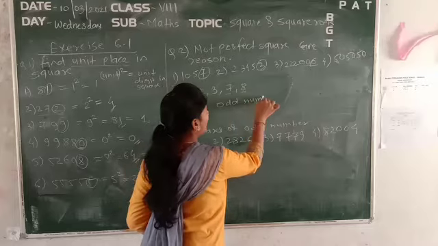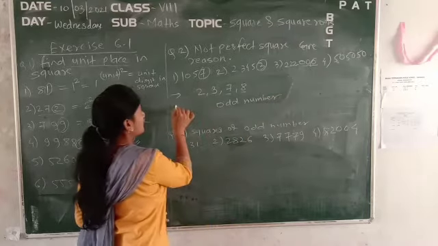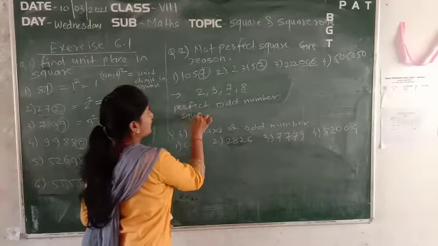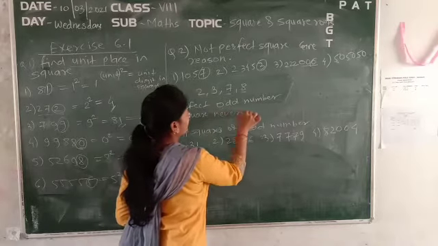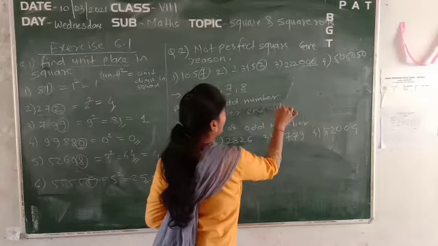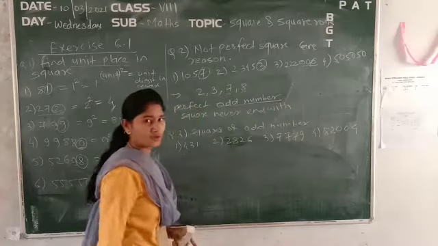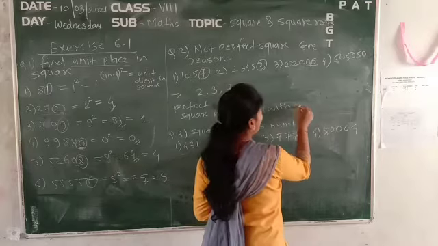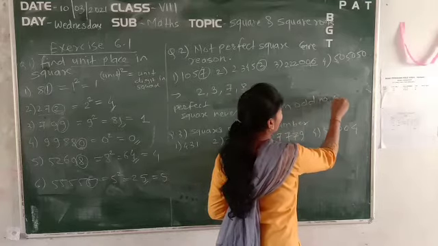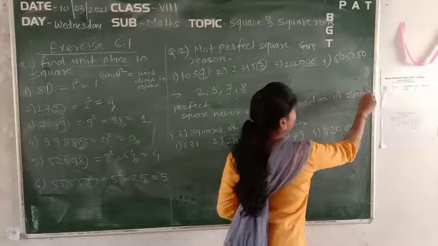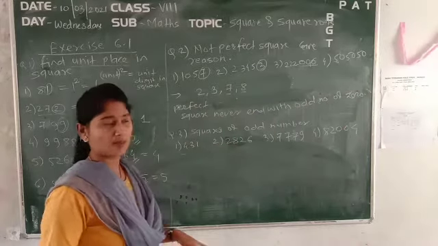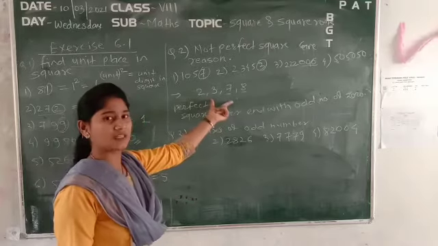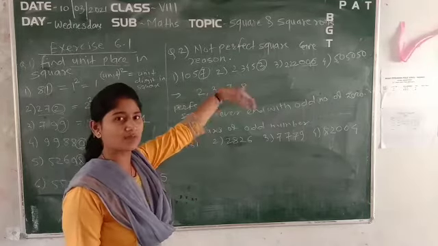A perfect square never ends with an odd number of zeros. So you can write it down here also. It means you have to remember that a square number will never end with an odd number of zeros, whether it is 7 or 8 or something different.